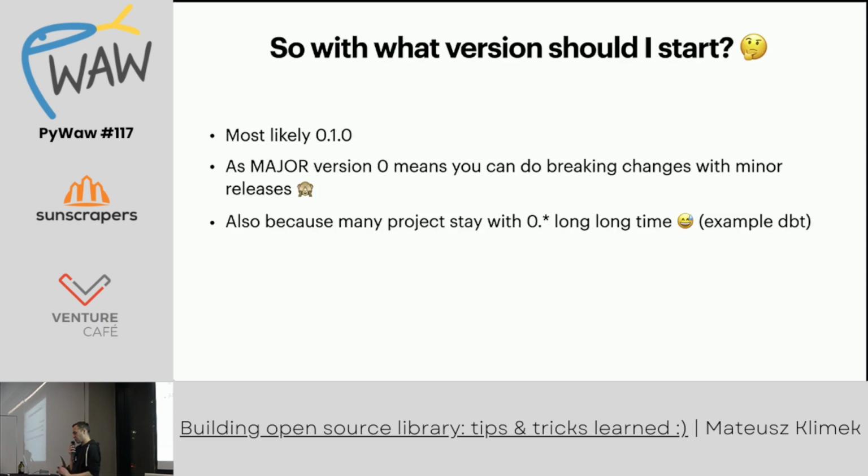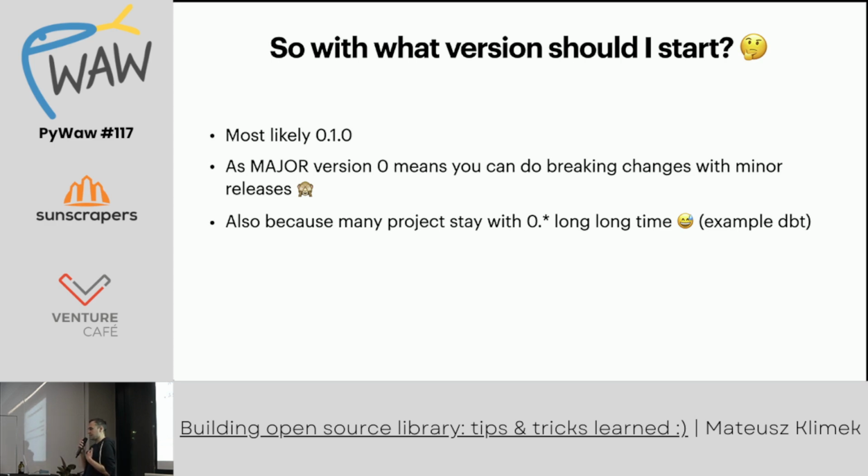And now the question is, what should the first number you pick be? Most likely 0.1.0. Why 0 at the start? Mostly because when you have 0 at the start, you can do breaking changes with minor releases. That's the reason a lot of the packages you are using stay with this 0 version for a long, long time.